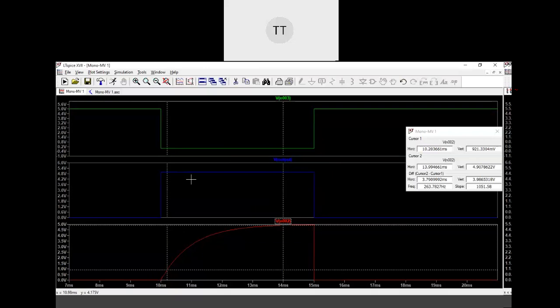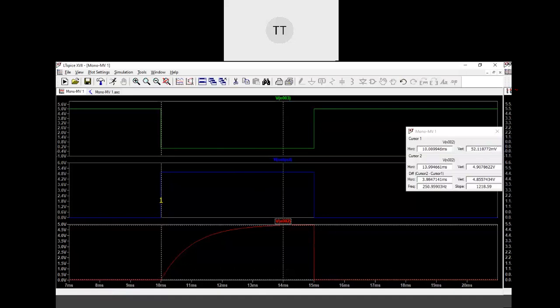So is your RT and CT deciding the pulse width for this trigger signal? What is the pulse width here now? If I measure it, it's exactly 5 milliseconds.